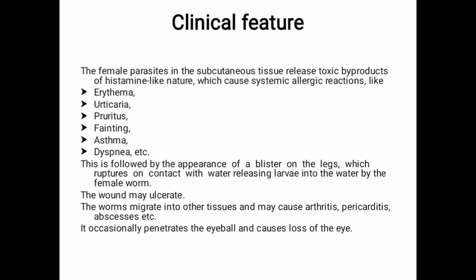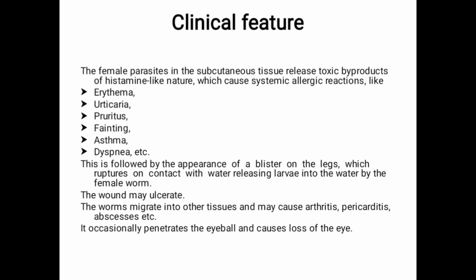Clinical features: the female parasite in the subcutaneous tissue releases toxic byproducts of histamine-like nature. Histamine is an inflammatory substance. It causes the cells to become porous to water and some fluid substance, so that somebody swells.